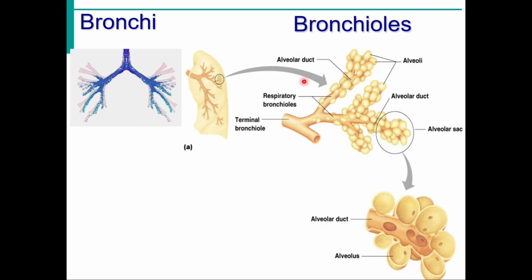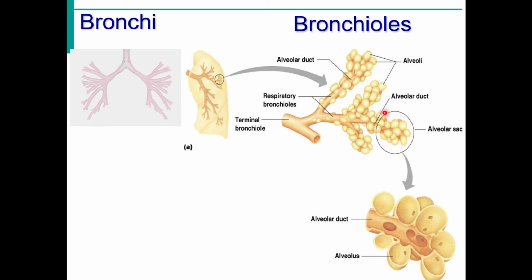We have already seen this division in slide number 14 in the table. The segmental bronchi then give rise to several generations of the intrasegmental or conducting bronchioles, which end as terminal bronchioles. Each terminal bronchiole gives rise to several generations of respiratory bronchioles, and respiratory bronchioles extend into several alveolar ducts.